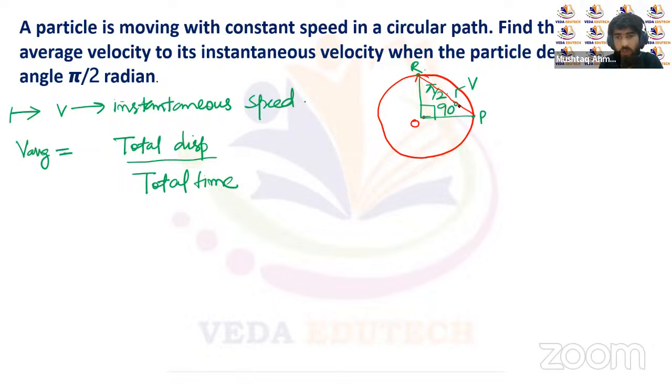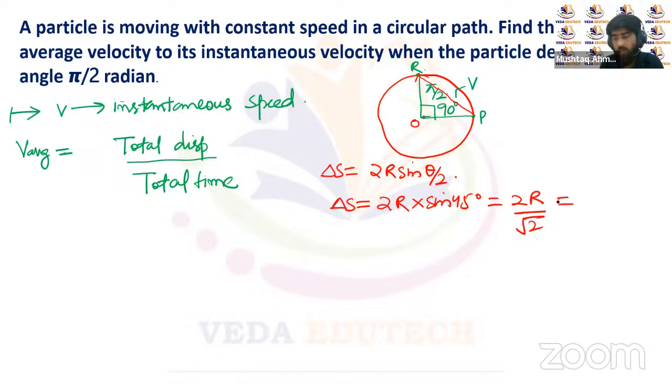The total displacement will be given as 2r sine theta upon 2, where theta is the angle traversed by the particle. So this delta s is the displacement: 2r sine 90 upon 2, that's sine of 45 degrees, which equals 2r upon root 2, or we can write it as root 2 r. So root 2 r will be the total displacement.